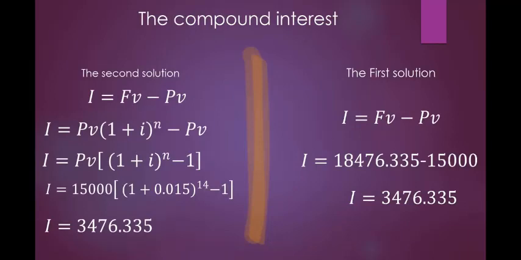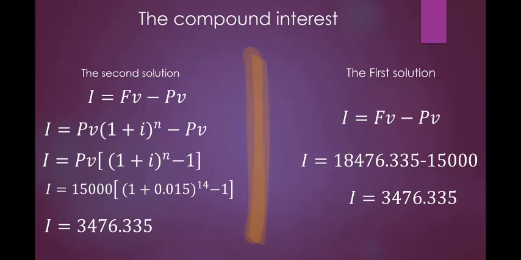And for the interest, we can calculate it in two ways. The first way: we know that the interest I equals the amount minus the principal, the future value minus the present value.